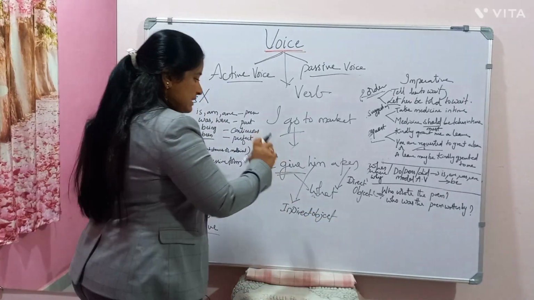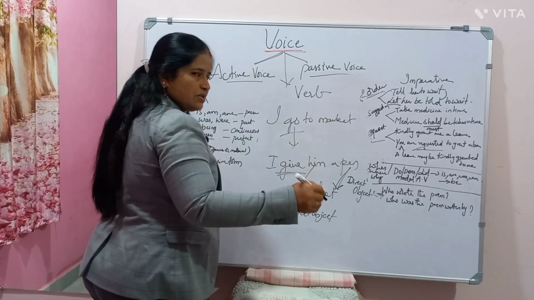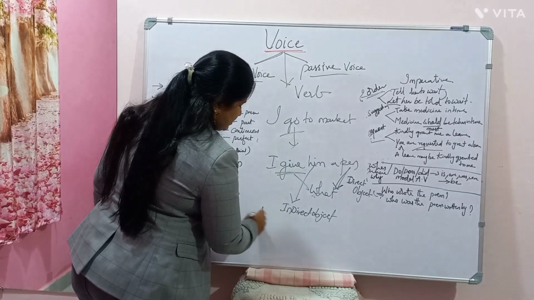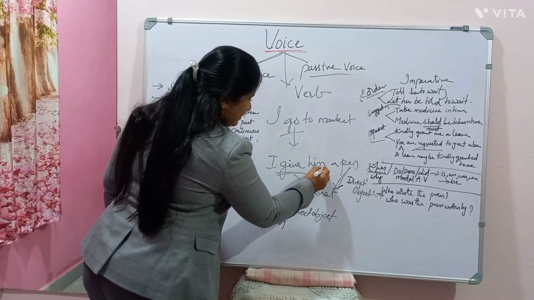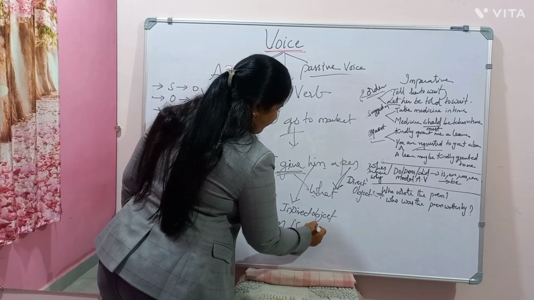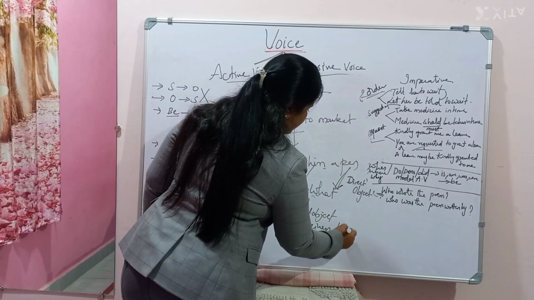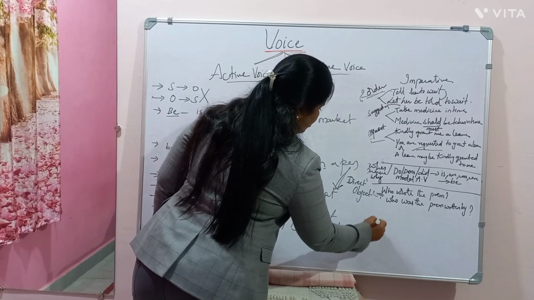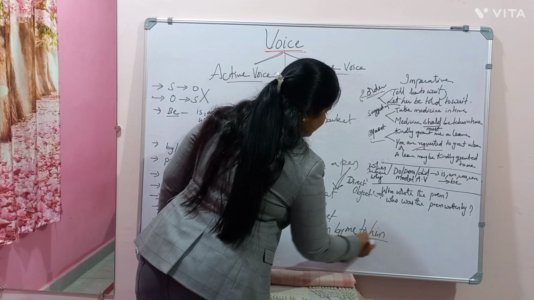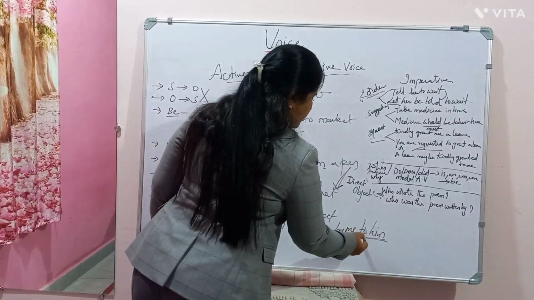In such sentences, we take the direct object first. A pen I give, present tense: a pen is given by me. To whom? To him. To mention the second object, the indirect object, we use a preposition and add it.